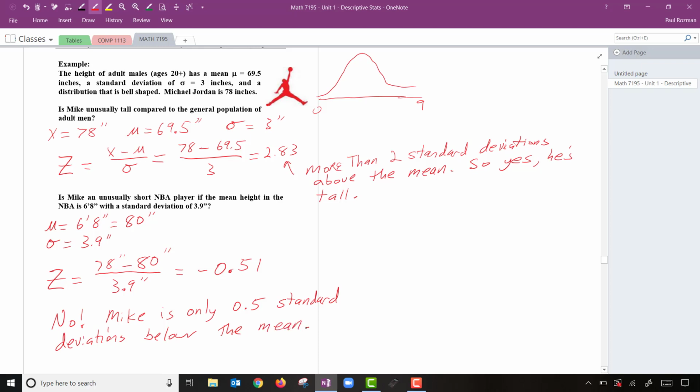So he's just a typical basketball player, I would say.